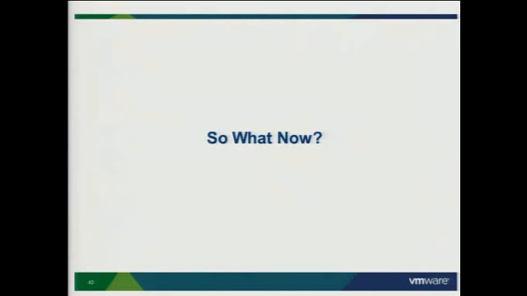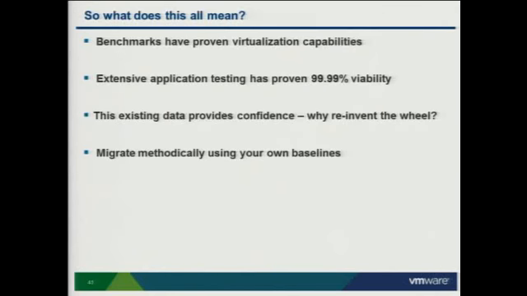So what does this all mean now? Effectively, benchmarks have proven the virtualization capabilities. Anybody raise their hand? Anybody worried that the virtualization platform's too small, too slow, not going to work out yet? Anybody that's not brave enough to raise their hand, come see me at the end. We can continue our education here.